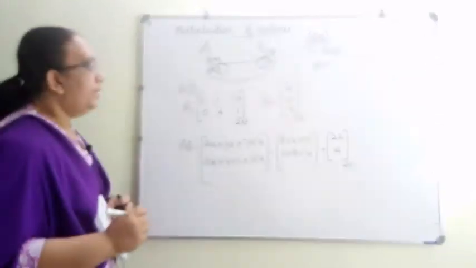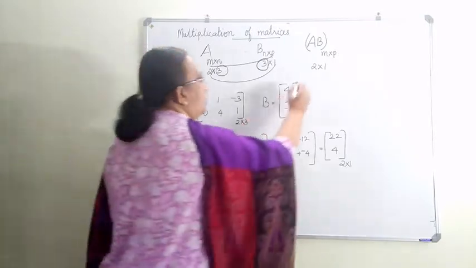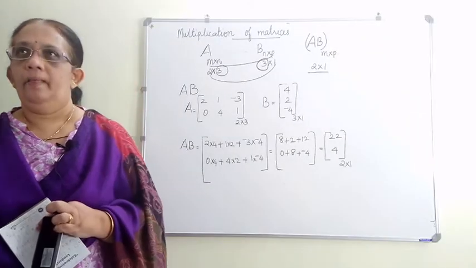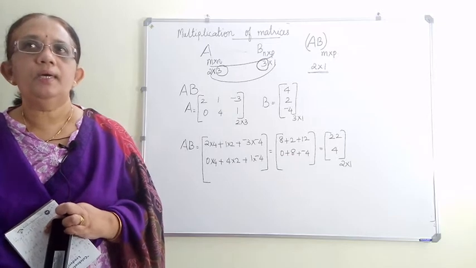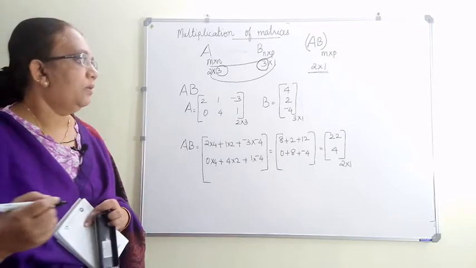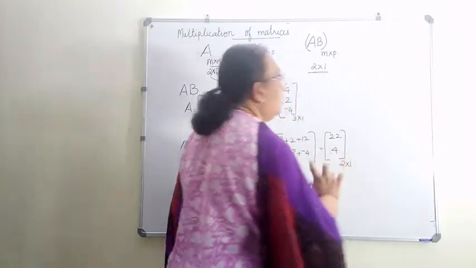So, before doing the problem, I was able to say the order of the answer, 2 by 1. I was able to say the order of the multiplied matrix: 2 rows and 1 column.